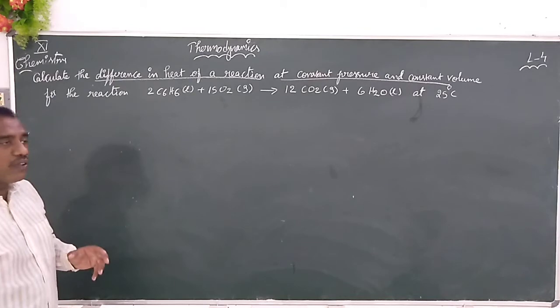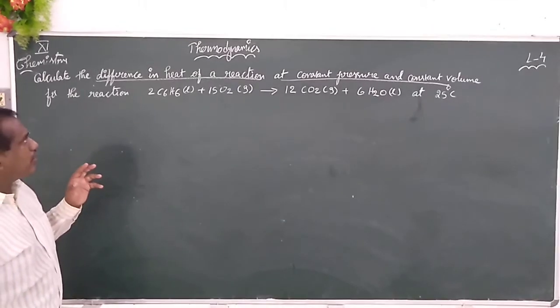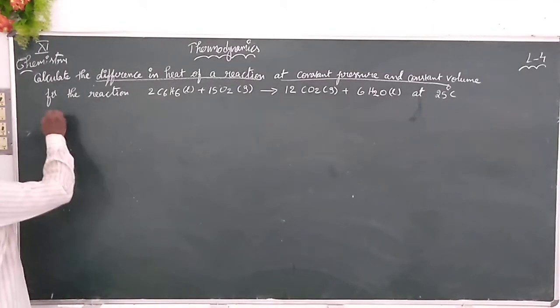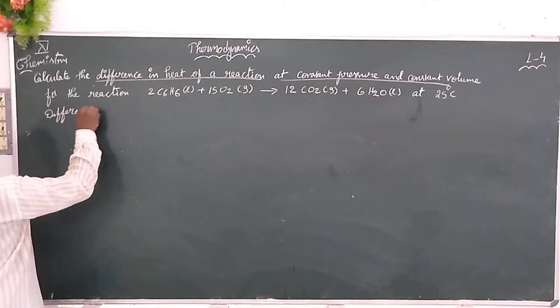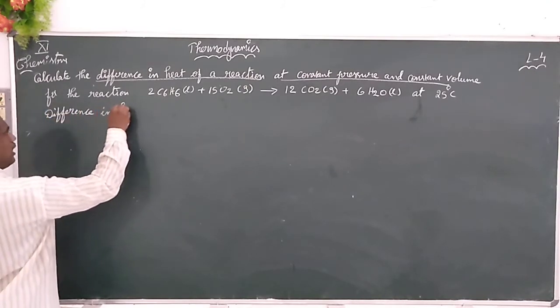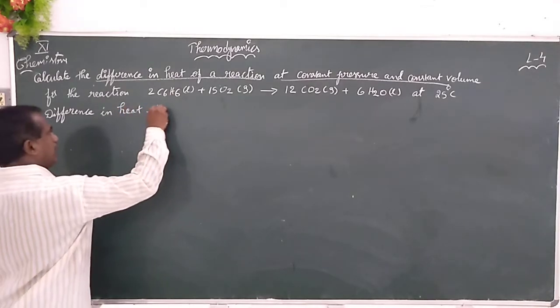What did they ask us to find out? They asked us to find the difference in the heat of a reaction. How to find the difference in heat of a reaction, children?